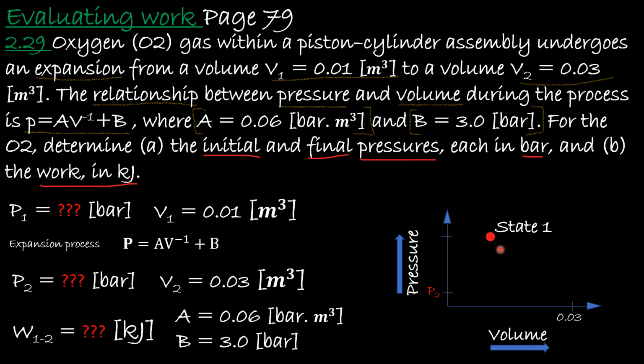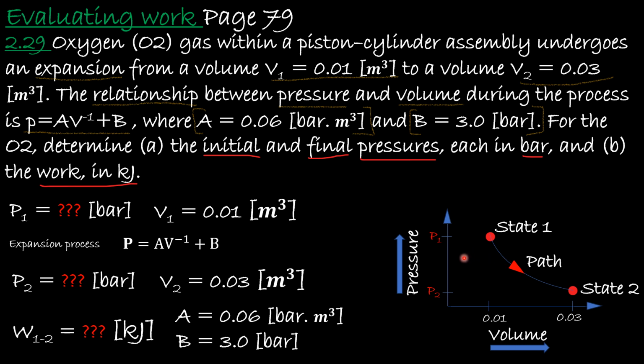And pressure at state 1, that will be its volume right here, and this is state 2. And this path doesn't really represent exactly the path of this expression, but it's close to it. And this one represents the path that the oxygen gas takes to go from state 1 to state 2.